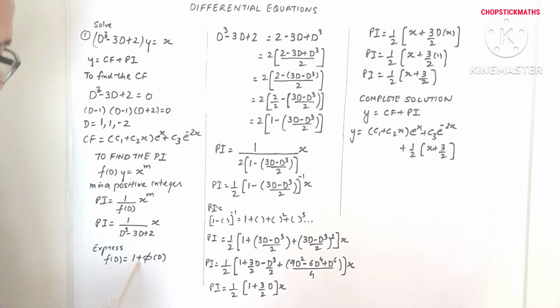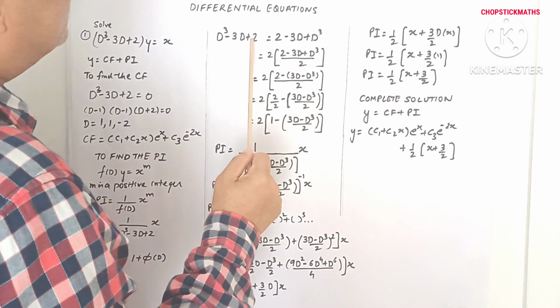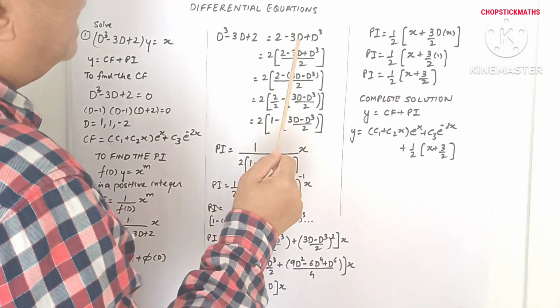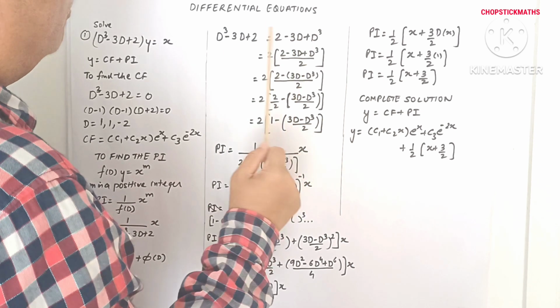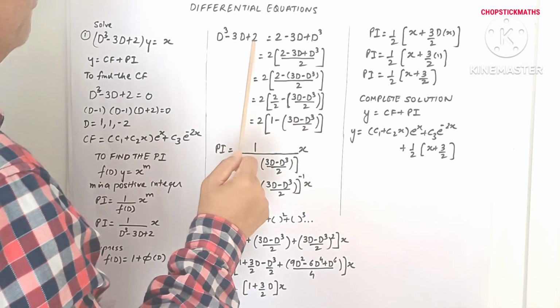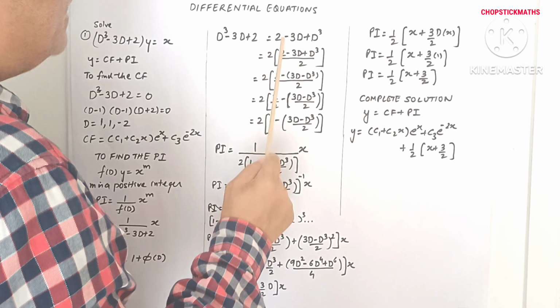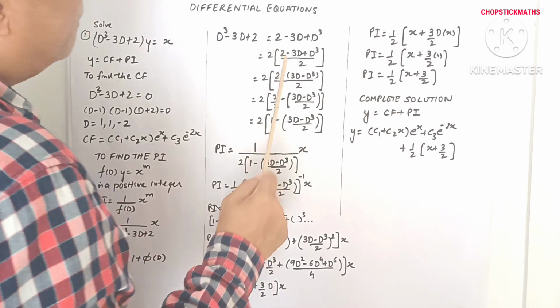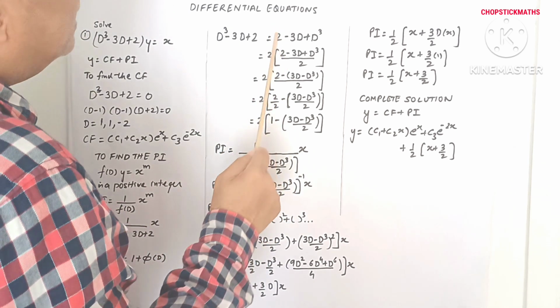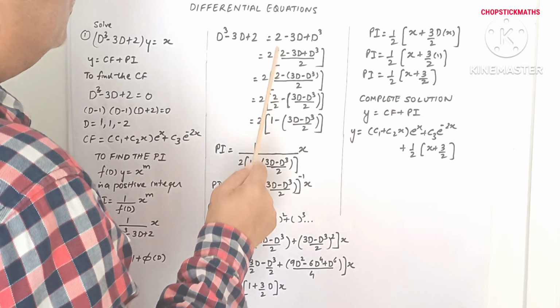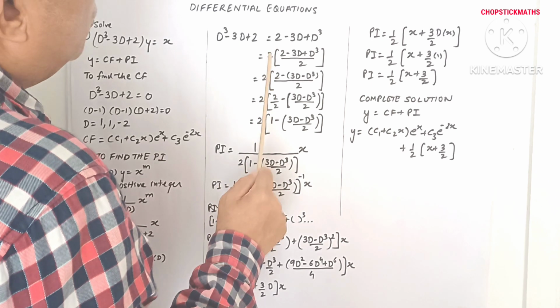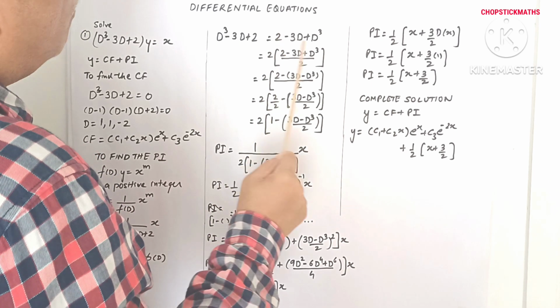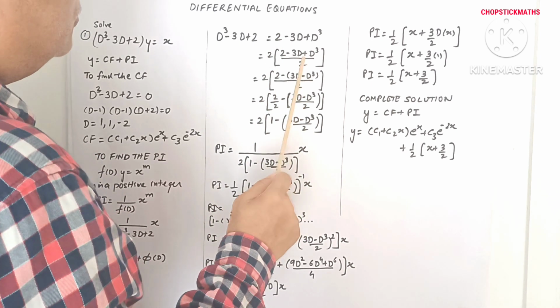Now you want a 1 here, so we'll have to reverse this: 2 minus 3D plus D cube. So we reverse the order of this particular expression, and to get a 1 here, we'll have to divide and multiply by 2. So this will be 2 into bracket (2 minus 3D plus D cube) upon 2.